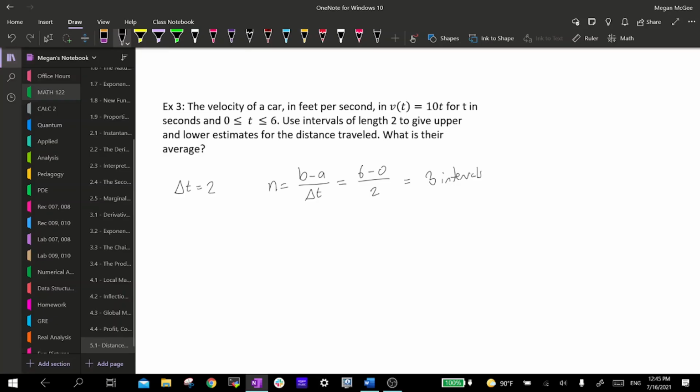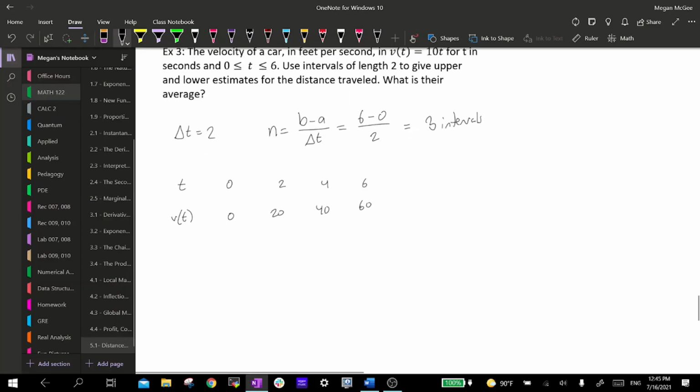So if we want to go ahead and set up our table, and 60.